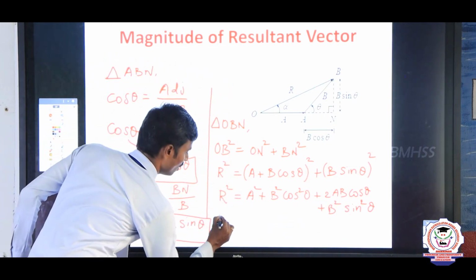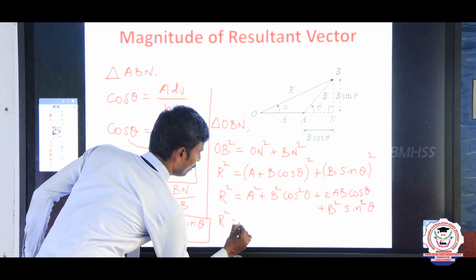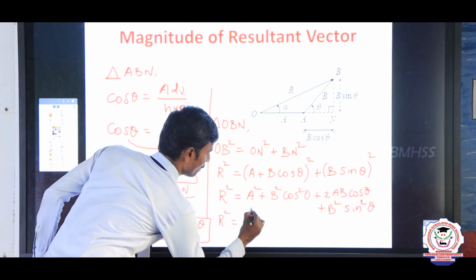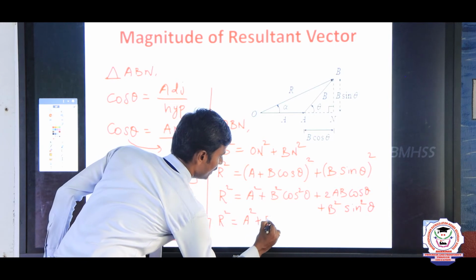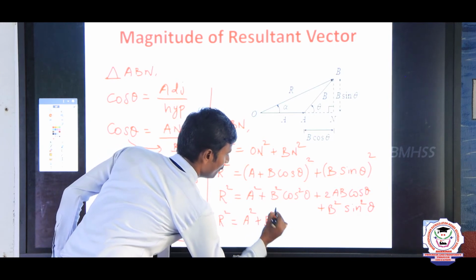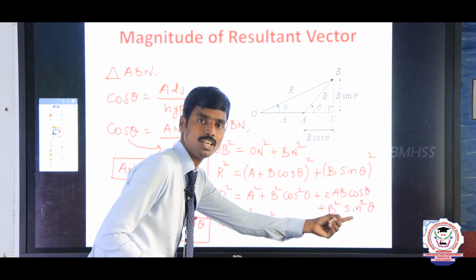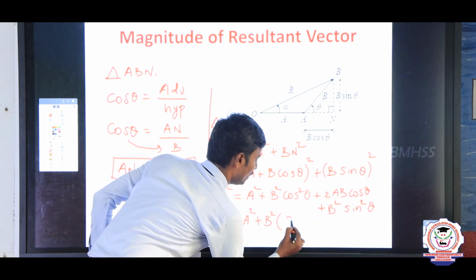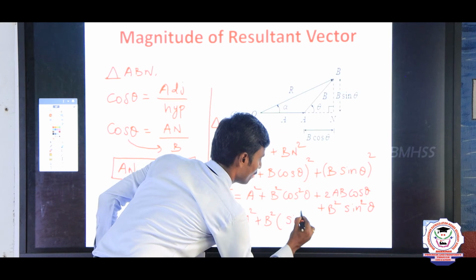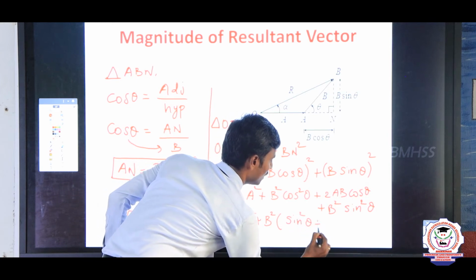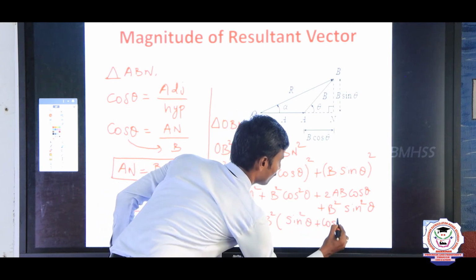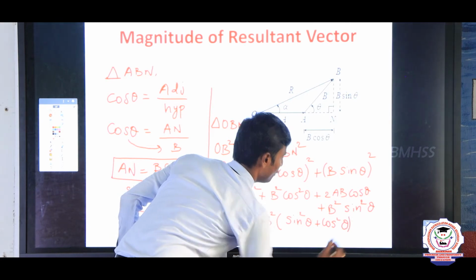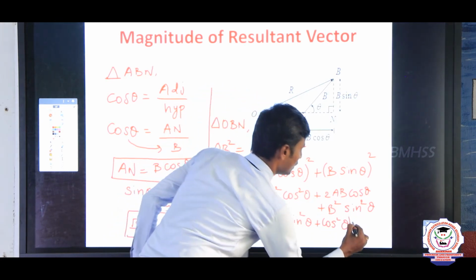R square equals A square plus B square times, remaining term, sin square theta plus cos square theta, plus 2AB cos theta.